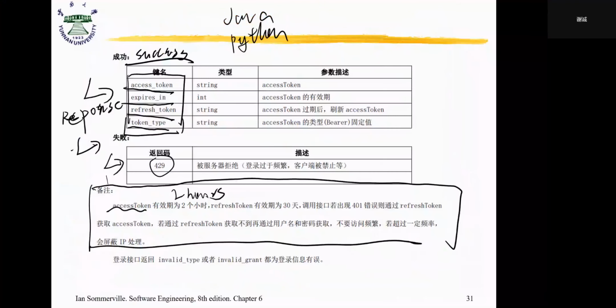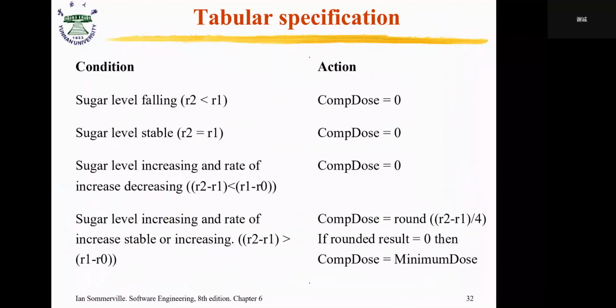The last one is the tabular specification. This is more strict than structured language. This kind of tabular specification is only used in some complex requirements, because something like login is very easy.